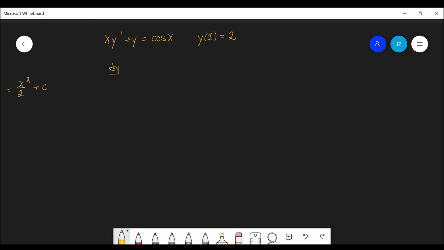So we're going to have dy/dx plus y over x is equal to cosine of x over x. As we did before, let rho of x be the integral now of dx over x. I'm getting this dx over x from this term. It's the integral of p of x dx. Well, this is log absolute value of x.